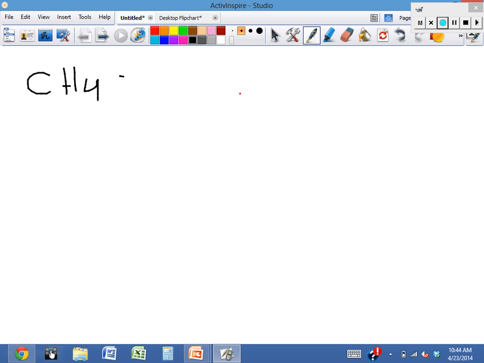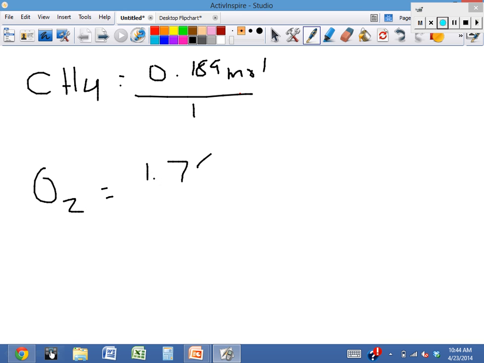So we have CH4, and the number of moles was 0.189 moles. Now, the coefficient for this was 1, so it's not going to change. But O2 was 1.75 moles, and we need to divide that by 2.